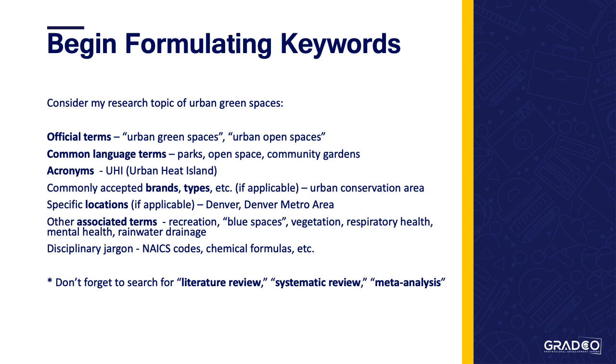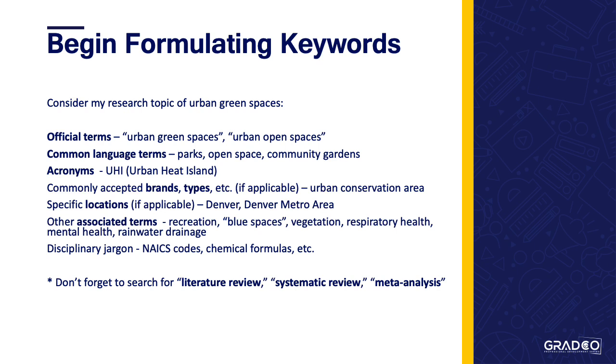There may be brands or types related to a particular topic. Here, urban conservation area seems to be a specific type of urban green space different from a park in that it serves the additional purpose of environmental conservation. You might want to limit to specific geographic areas. Maybe you're looking at the United States generally or Denver more specifically.